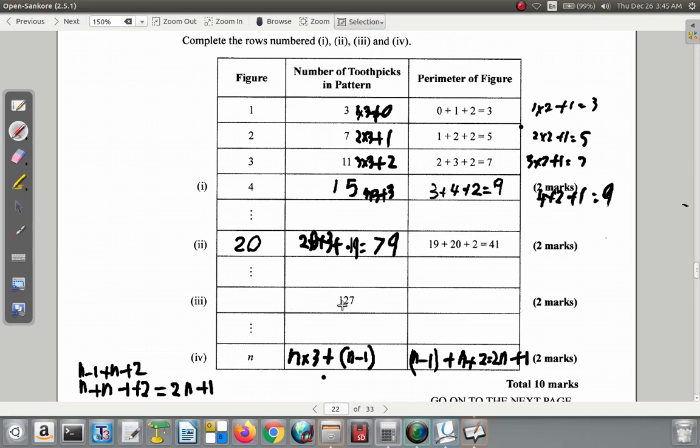Now about the 127, what would happen here? You notice the figure number here. Let me just delete the rough work that I had before. This was rough work. Alright.